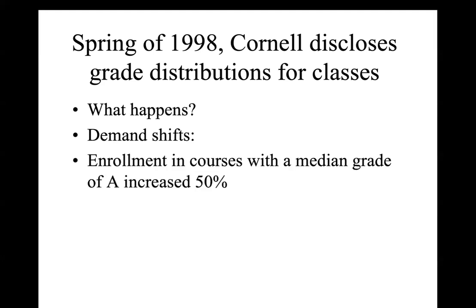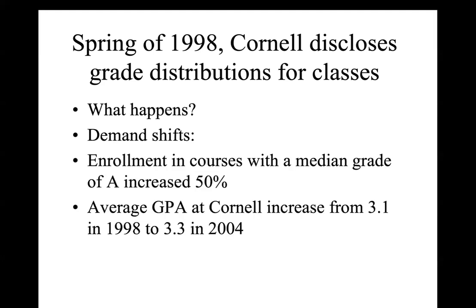And so demand shifts. Enrollment in courses with a median grade of A increased by 50%. And the average GPA at Cornell increased from a 3.1 in 1998 to a 3.3 in 2004. Okay, so information leads to a shift in the demand curve.